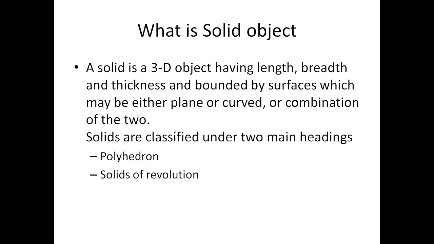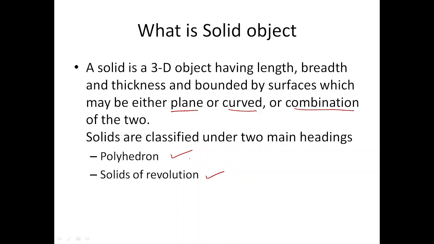Sometimes solids may be a combination of flat surfaces, maybe curved surfaces, or maybe a combination of both. Mainly we are going to classify solids as 2 types. One is polyhedron, another one is solids of revolution.